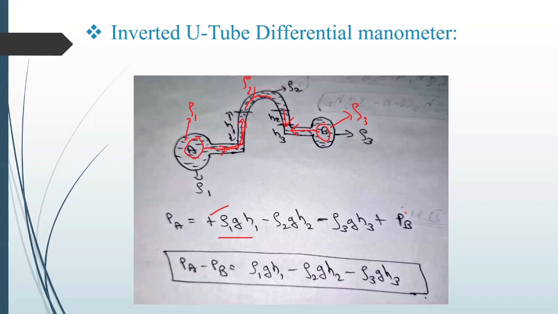So this pressure B will come across the equals to the left side. Then what will happen? PA minus PB is equals to rho 1 g into H1 minus rho 2 g into H2 minus rho 3 g into H3. So this is the formula that we got for the inverted U-tube differential manometer.